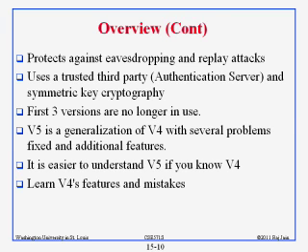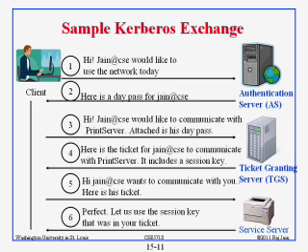So first you say, okay, here is me, and I would like to use the network today. The authentication server authenticates you. Basically, you send your password or whatever it is, and they say, all right, here is your day pass, a whole day pass. Then you go to the ticket server and say, I want to print right now, and here's my day pass.